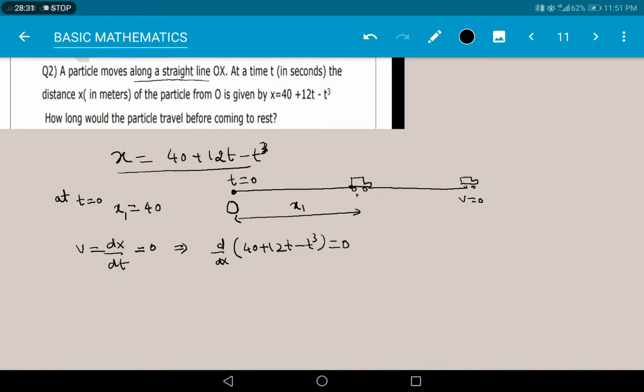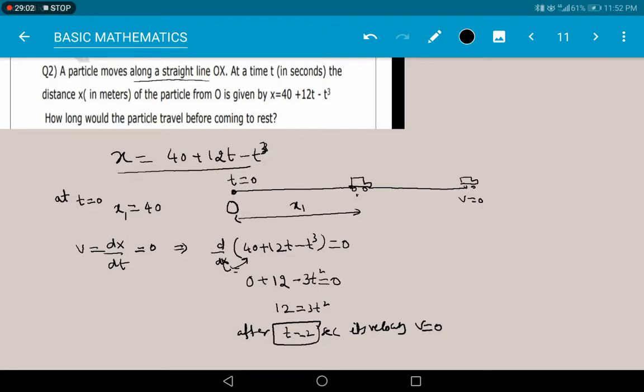So now I am doing directly d by dt of 40 is 0. D by dt of 12t is 12. D by dt of t cube is 3t square, equals 0. Therefore 12 equals 3t square. Therefore t equals 2. That is, after t equals 2 seconds, its velocity becomes 0.